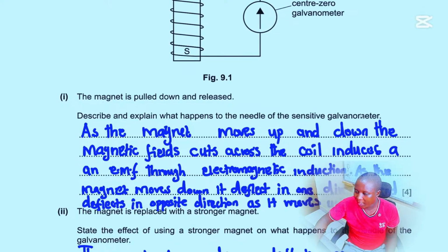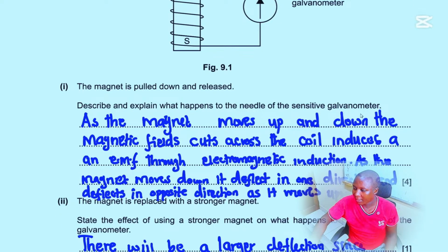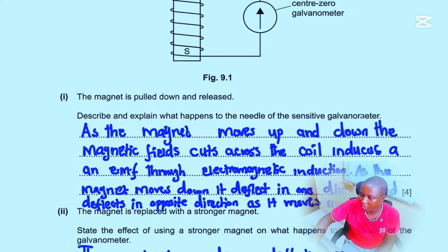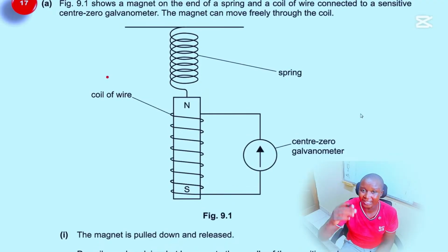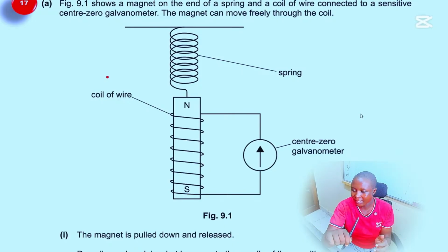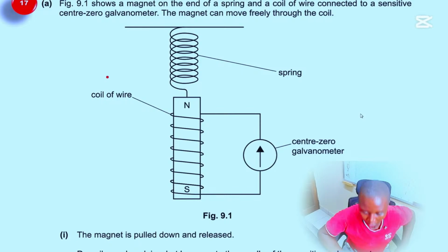Describe and explain what happens to the center zero galvanometer. Now, a galvanometer is a device that can detect any small amount of current. It will deflect in one direction when current flows in a particular direction. If current flows in a different direction, this galvanometer will deflect in the opposite direction, right?